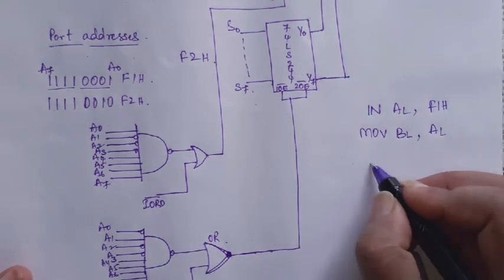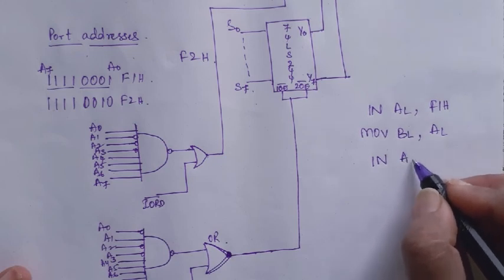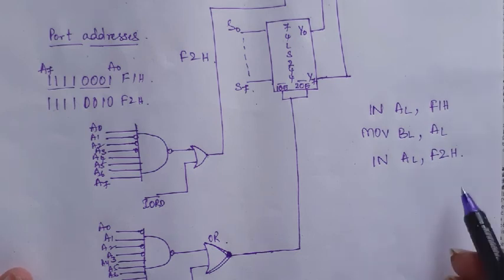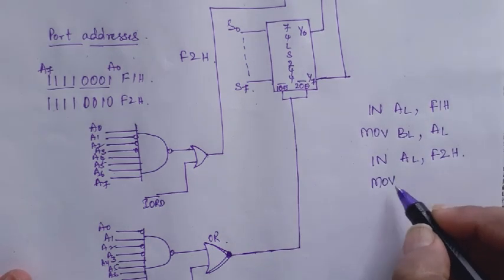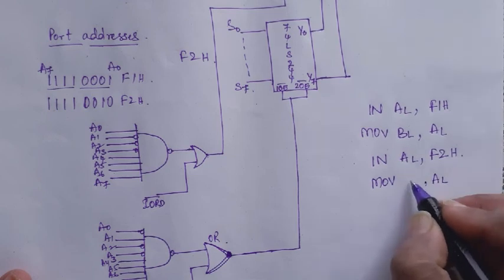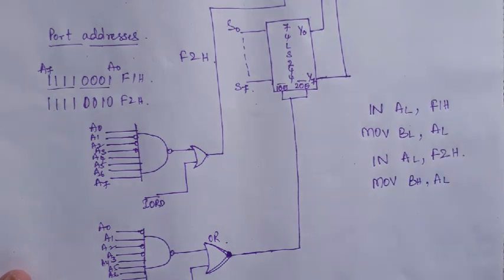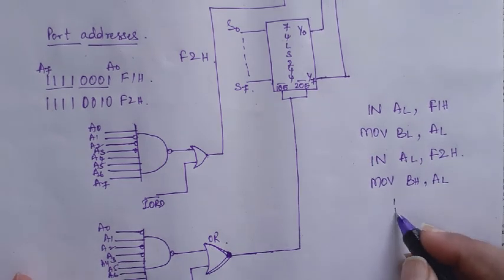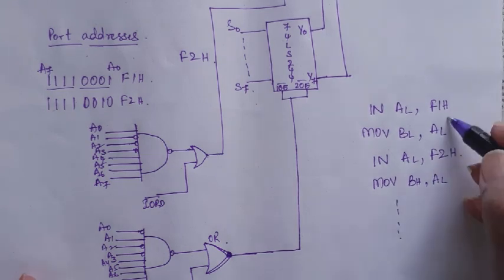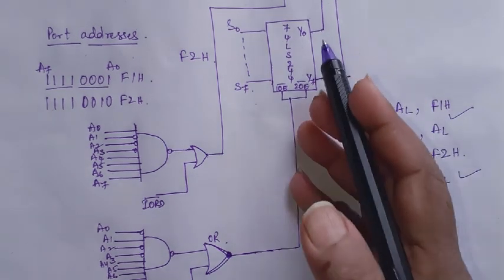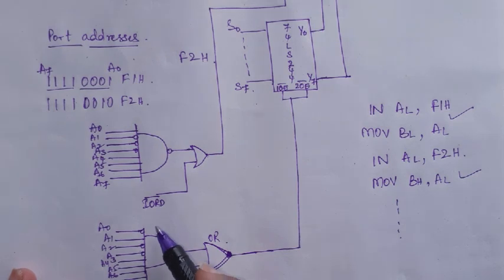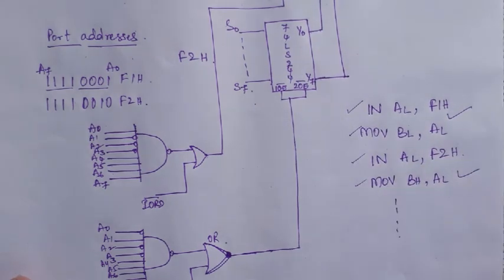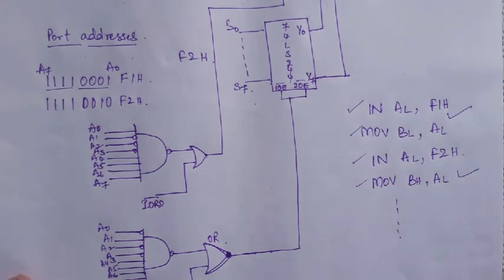Then to read the second set of switches, the address of the second set is F2H. Then move this to some other register, BH. Once you read the data from the switches, we proceed with the rest of the program. This is how the switches which are connected to the processor can be accessed by the processor by writing these instructions.